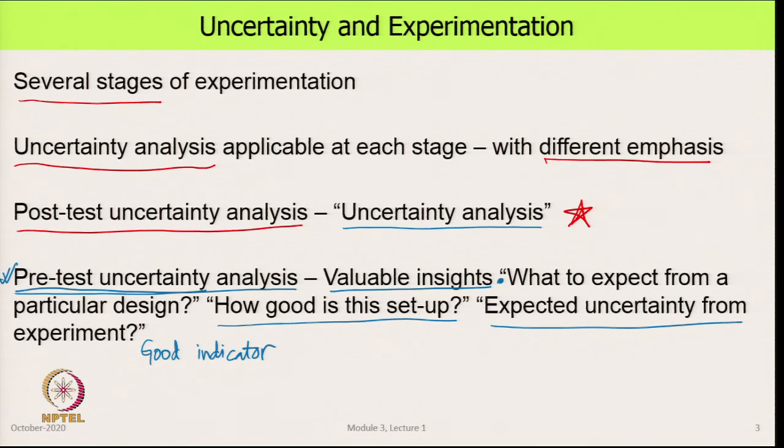The second advantage of pre-test uncertainty is that after you have done it, when you do the post-test uncertainty, one can use a lot of information from the pre-test uncertainty analysis in the post-test analysis. That means that doing the post-test uncertainty analysis becomes a little simpler.